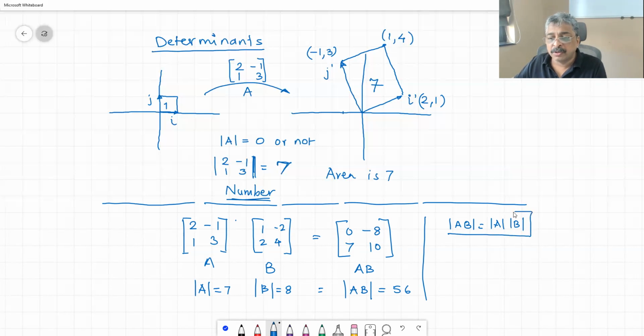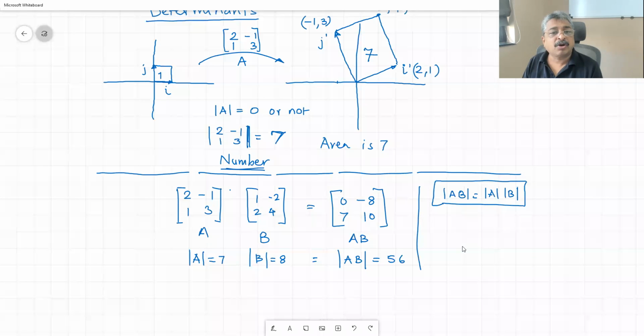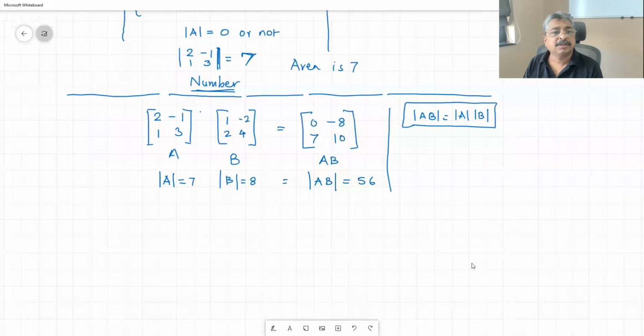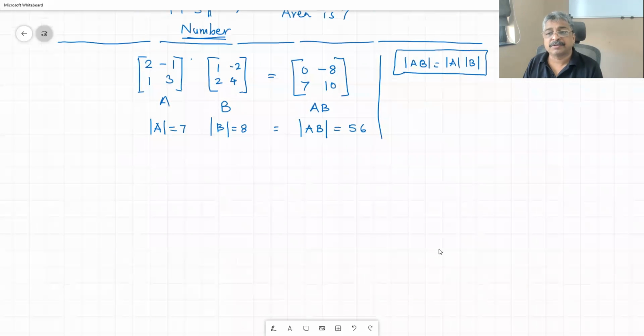This is one observation which we should have made in matrices, but now having started the discussion on determinants, this is the first observation, and you can play with different matrices, multiply them and try to find out the result of the multiplication, and you will find that the determinant of a product is the product of determinants.